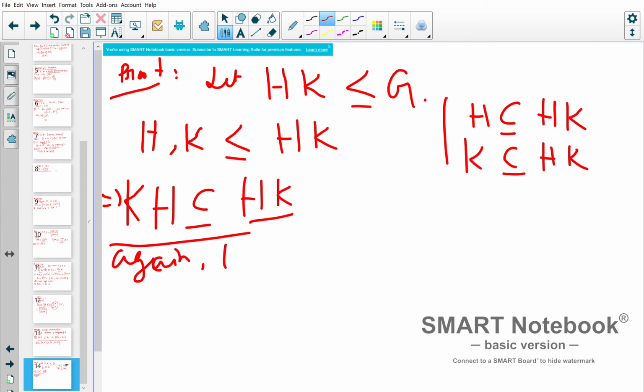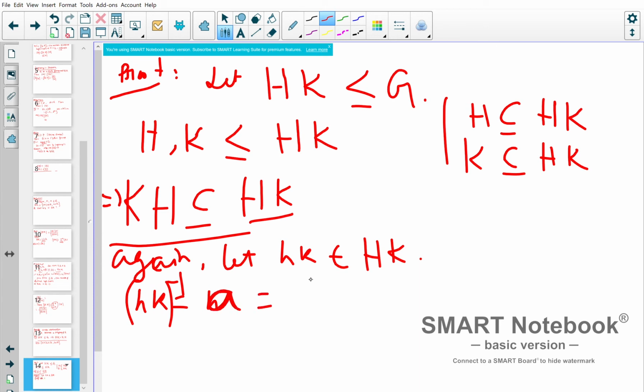So let you choose an element HK belongs to H and K. Okay, and HK will be obviously the inverse exists, right? So you can write down HK is something, say, inverse of some element. So inverse of HK, maybe say something, say A, right?